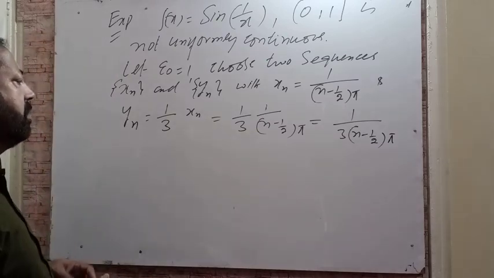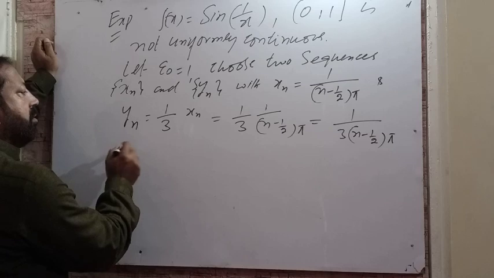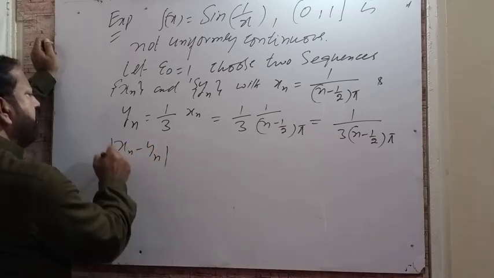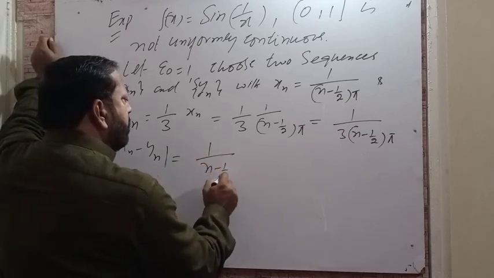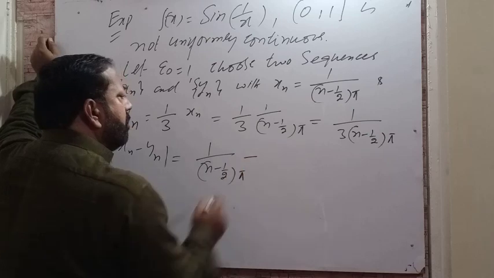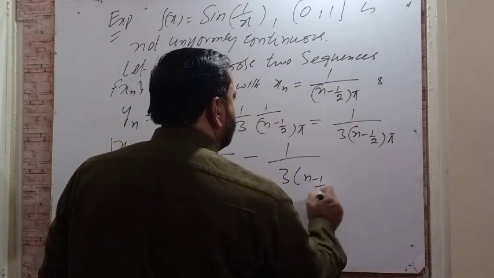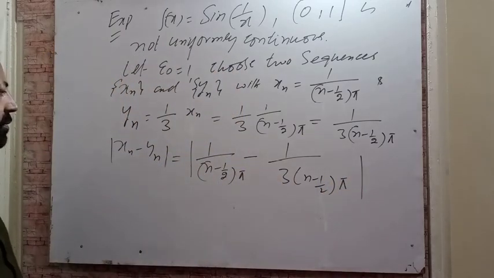So here you take xn minus yn. We need to see what 1 over (n - 1/2)π minus 1 over 3(n - 1/2)π is.